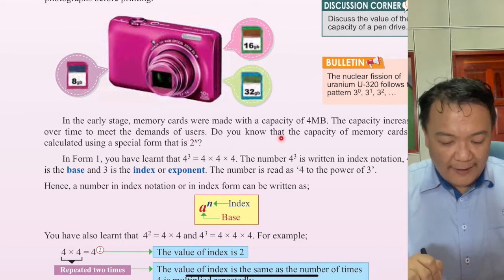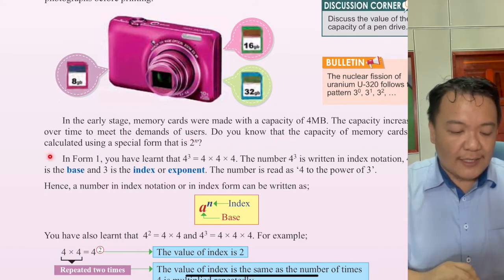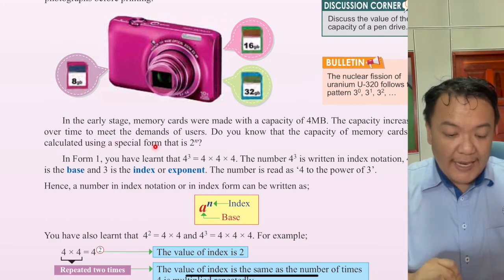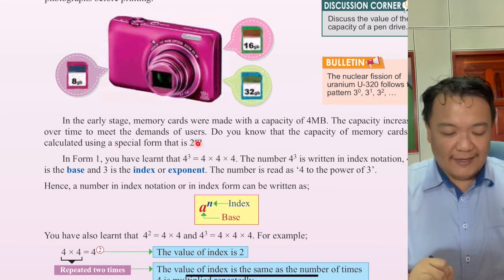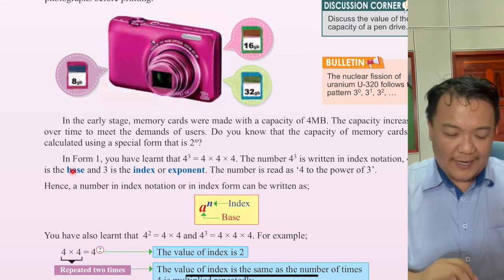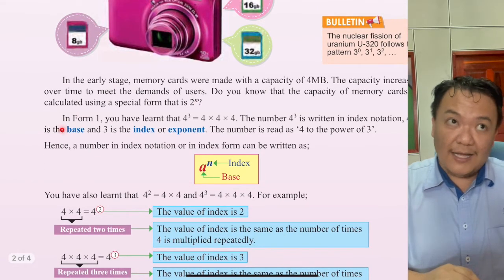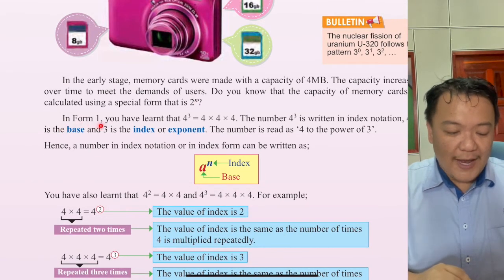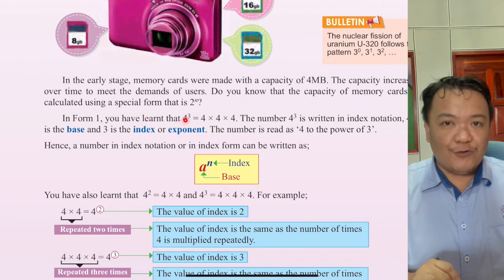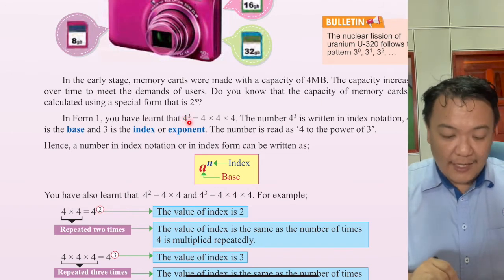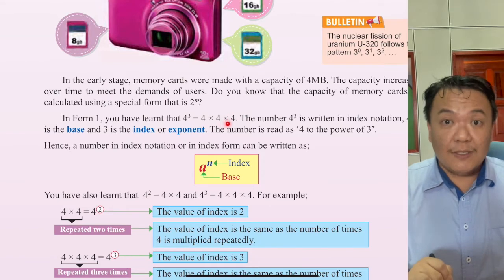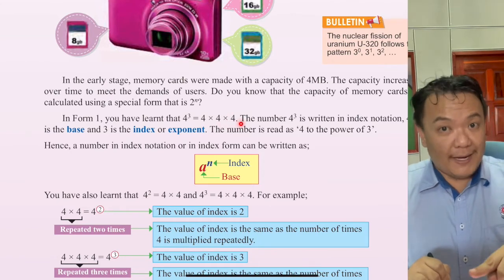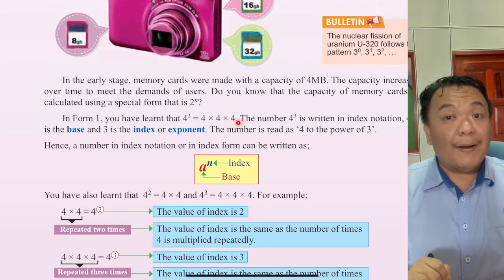Do you know that the capacity of a memory card is calculated using a special form, that is 2 power of n? In Form 1, you have learned that 4 power of 3 can also be written as 4 times 4 times 4, 4 darab 4 darab 4, which is 4 kuasa 3.